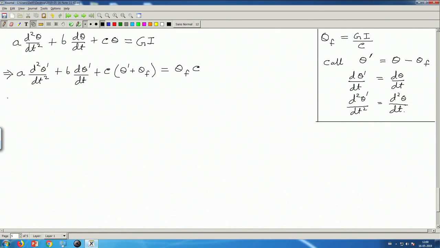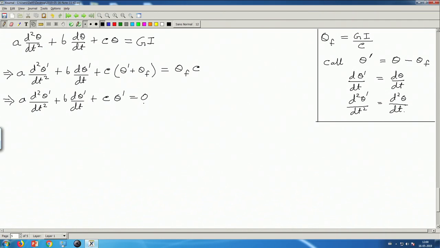So, this c theta f will cancel from both sides, and I will have a 0 on the right hand side. So, this is a homogeneous differential equation where I have right side equal to 0.